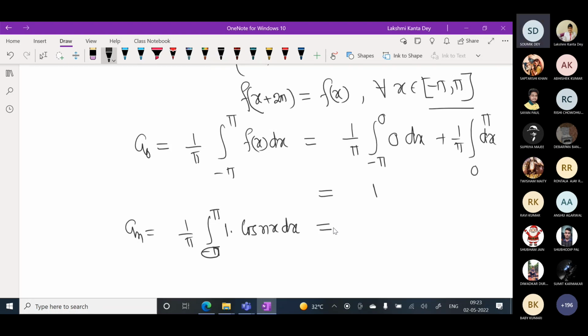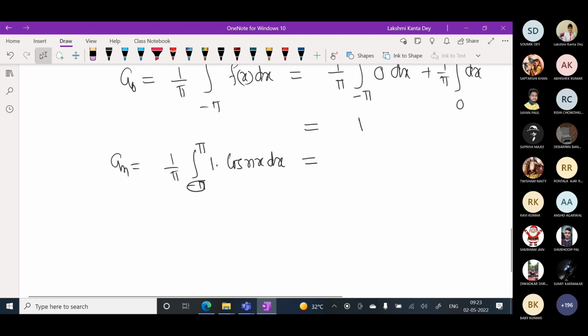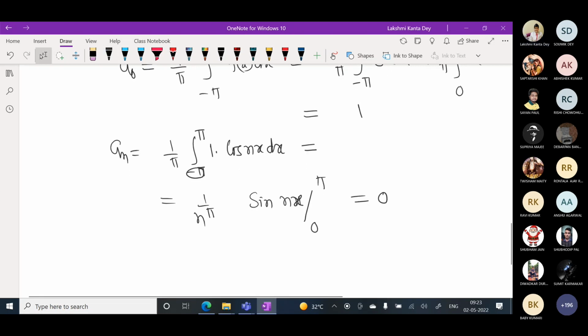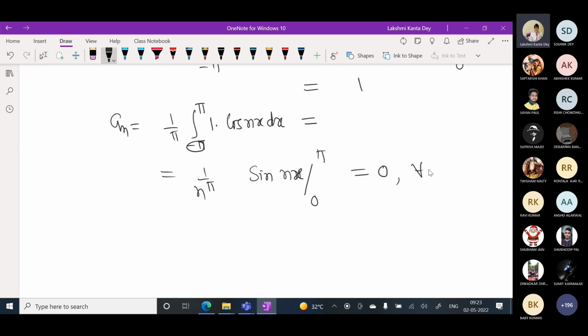So 1 by n pi, what is this at pi and 0? 0, sir. So this will be 0. Very good. This is for all n greater or equal to 1.